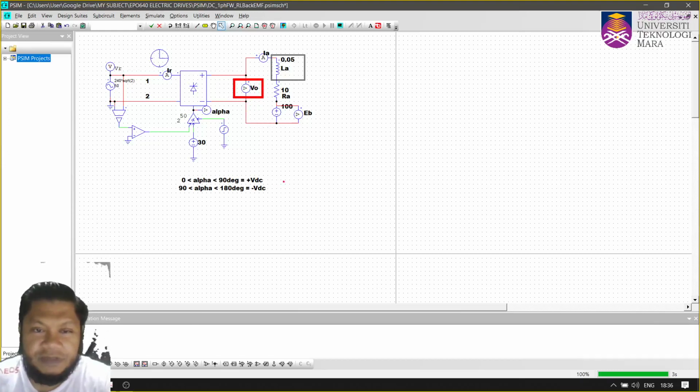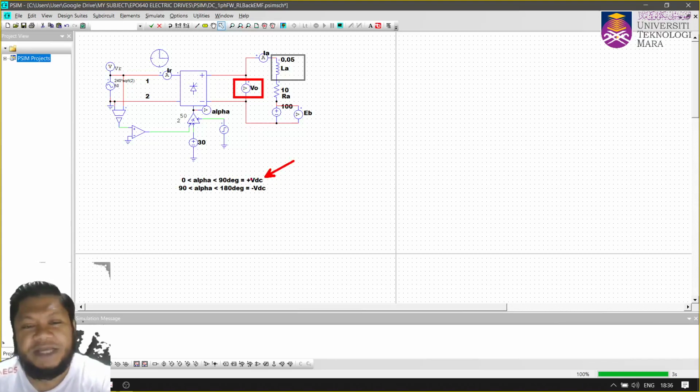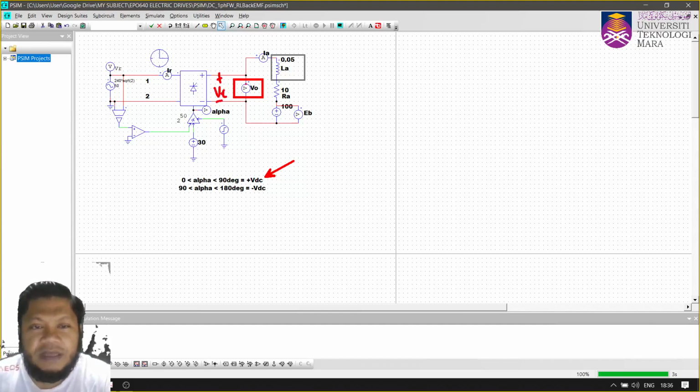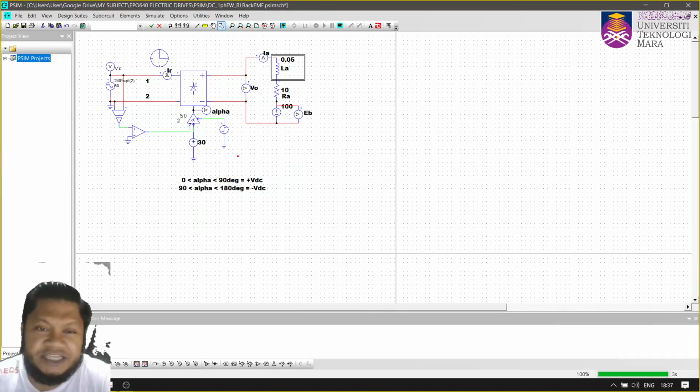If you look at the notes here, if alpha is between 0 and 90 degrees, you are going to have a positive VDC. But if you go beyond 90 degrees, from 90 to 180 degrees, the polarity of your output voltage will change.